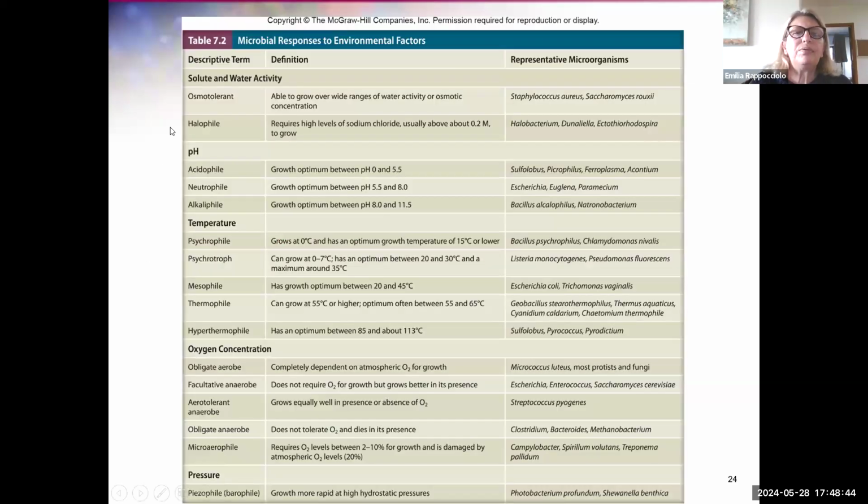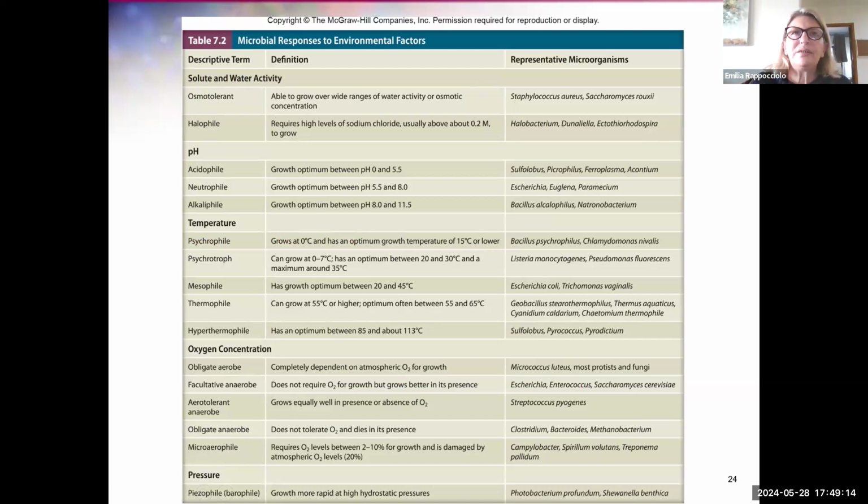Here there is a table which lists the environmental conditions which might affect microbial growth. We're going to look at them in detail throughout the chapter, but this table summarizes. You have solute and water activity. Remember osmosis.